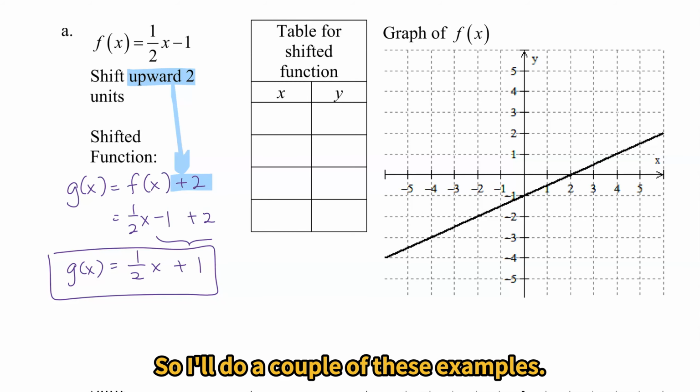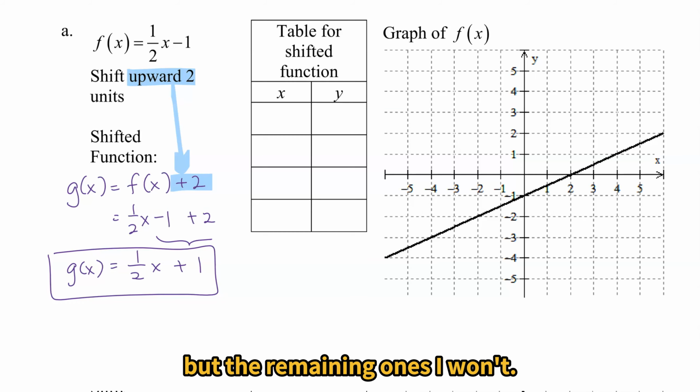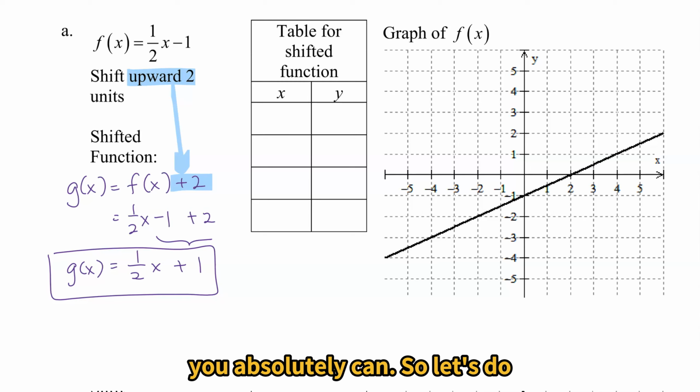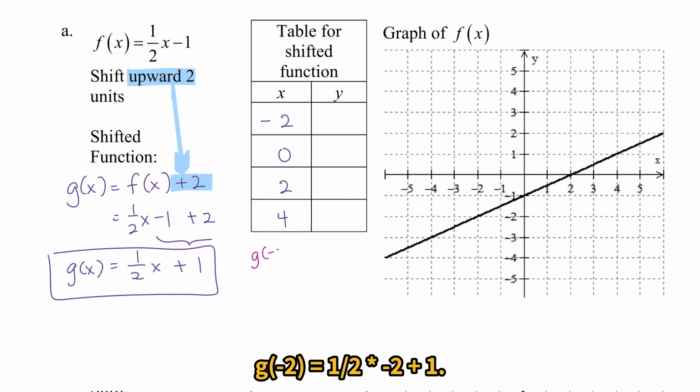So I'll do a couple of these examples. I'll use the function and write all the steps out, but the remaining ones I won't. If you need to write them out, you absolutely can. So let's do -2, 0, 2, and 4. And I'll start out g of -2, 1/2 times -2 plus 1.